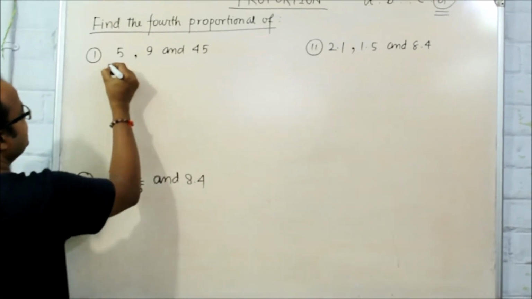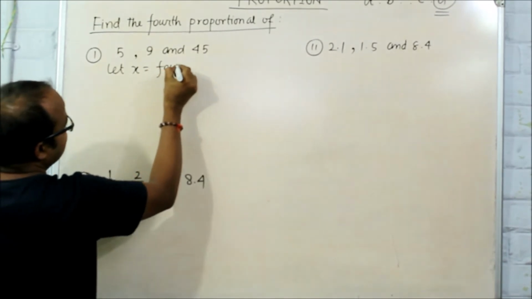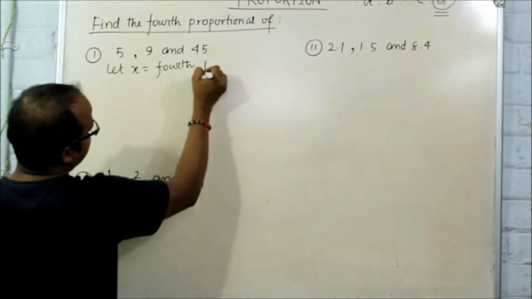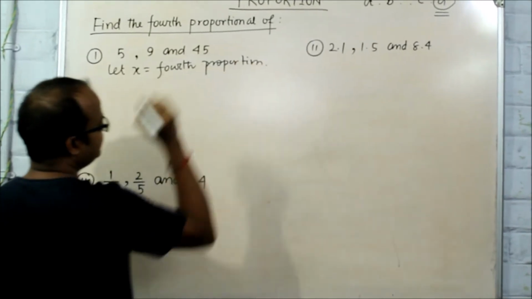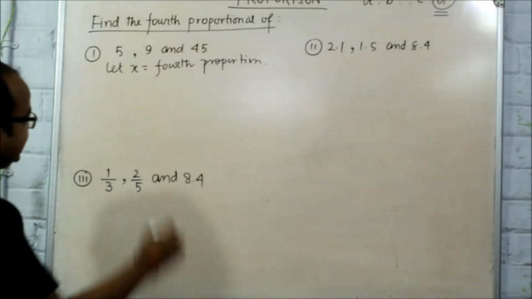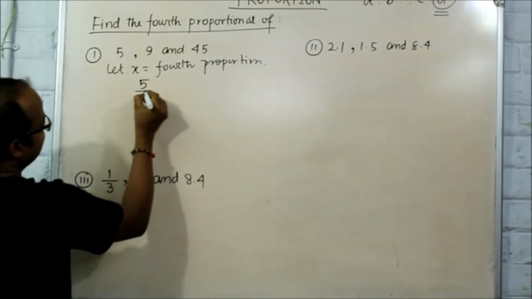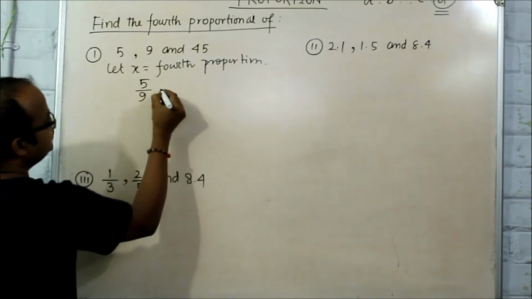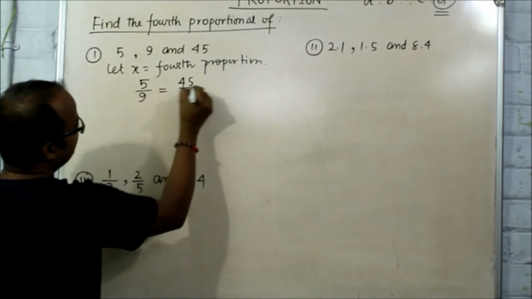So we assume that let X is equal to fourth proportion. Clear? That means we can say that 5 by 9, ratio of first two terms, is equal to ratio of third and fourth.